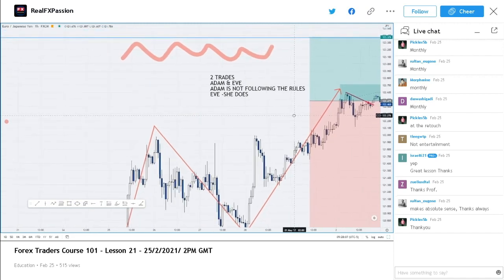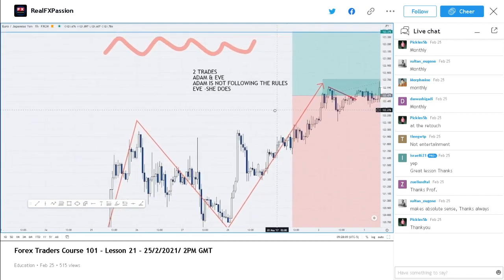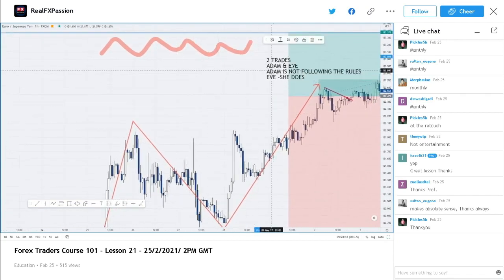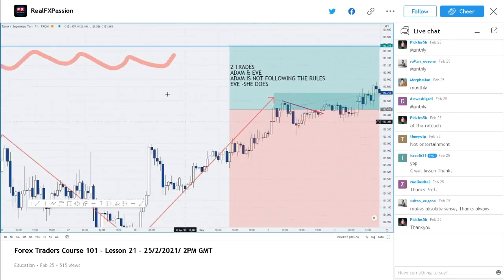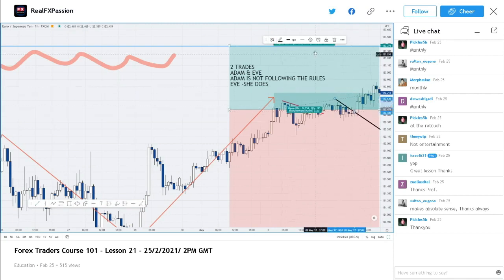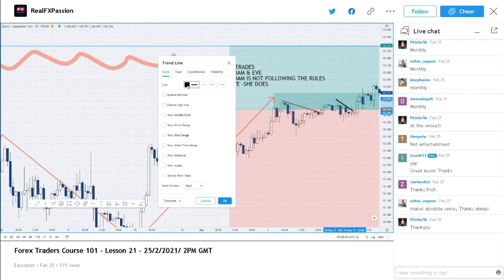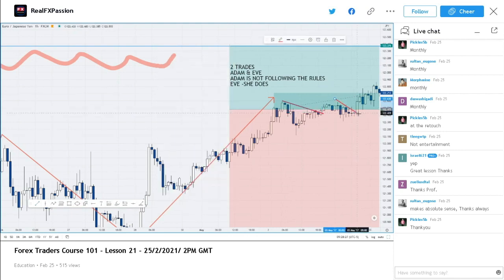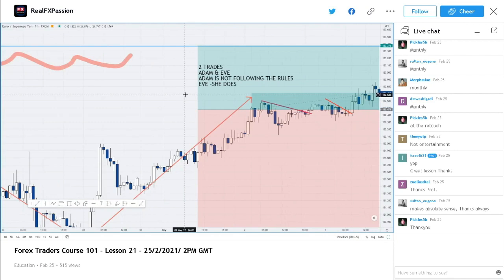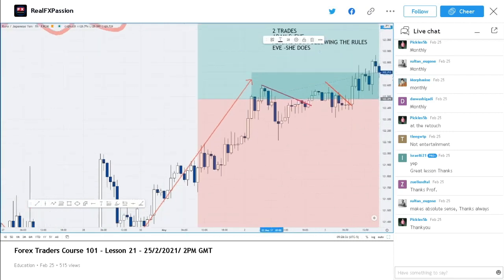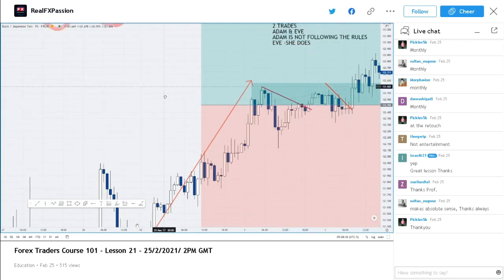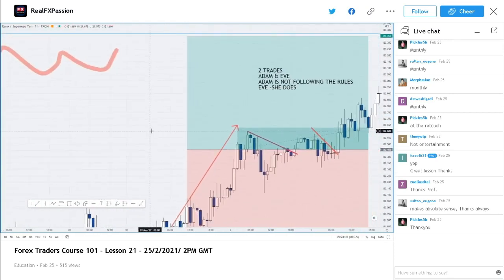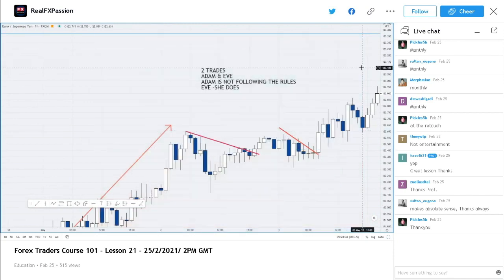So let's see. Adam is in a trade, and the market's going sideways, and it's moving up, right? How many entries do we have? We have another counter trend line break in here, right? Let's zoom in the chart. I'm going to delete the colors.